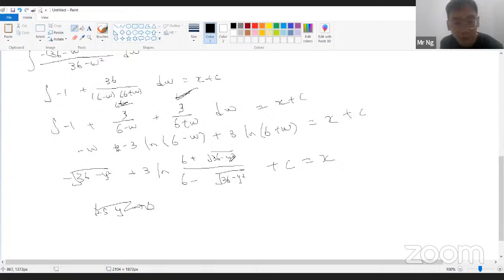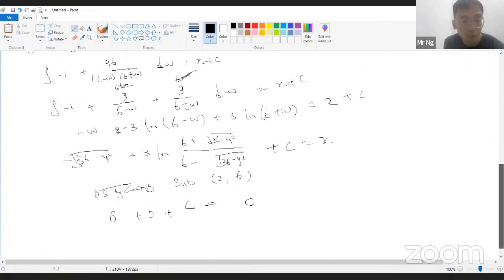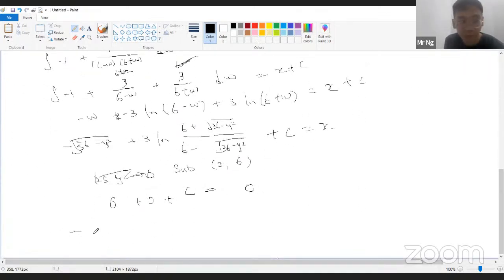So 6 squared, 0, 1, 1, so 0, so plus c, then x equals 0, y equals 6 sub in, okay, 0, 6, good. So c equals 0. Okay, so make it quick. I set the timing to 4 minutes already.